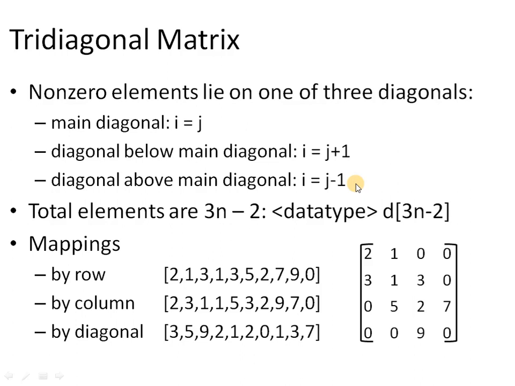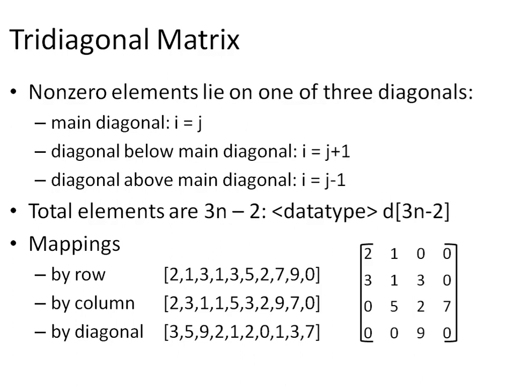In such a matrix, there will only be 3n-2 non-zero elements. So, instead of declaring a two-dimensional array, we will declare a one-dimensional array of size 3n-2.